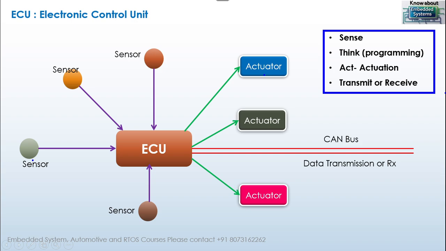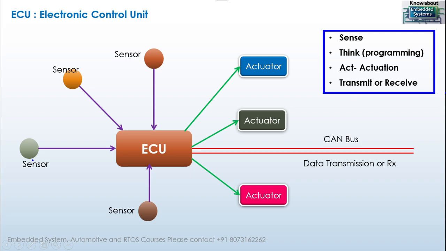That's called actuation. Another example: if doors are not closed properly, we have to give an alarm signal. If the seat belt is not properly locked, then also we give an alarm signal. Like this, different actuations are taken care of based on the sensor information. That is the third one.